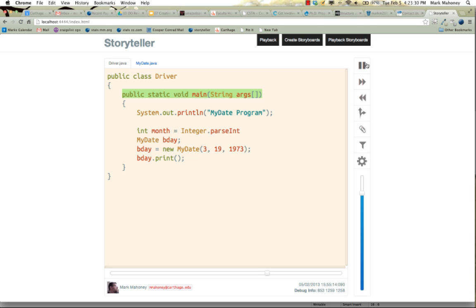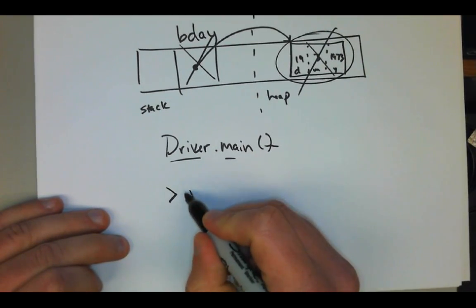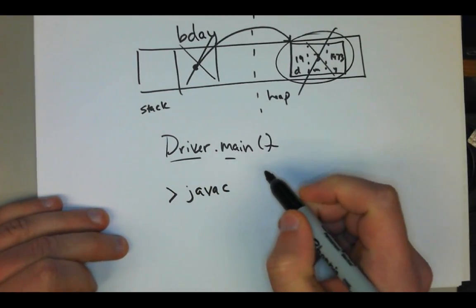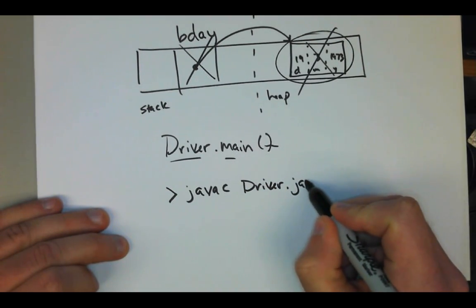I'll add some code here to retrieve data from the command line, and then I'm going to use that data like this. If I was compiling from the command line, I would say javac driver.java.